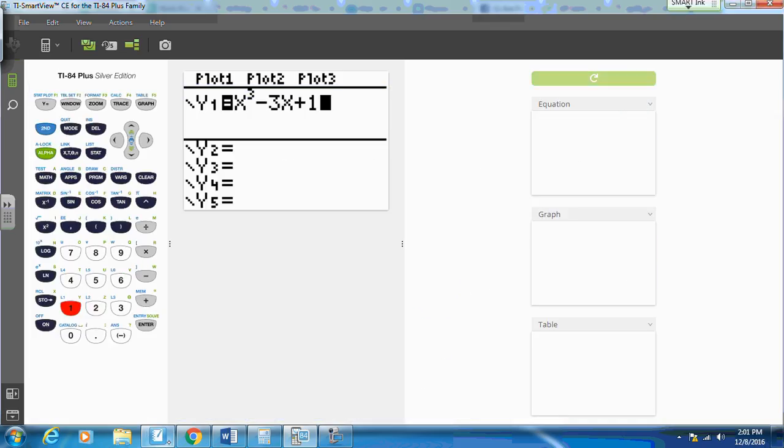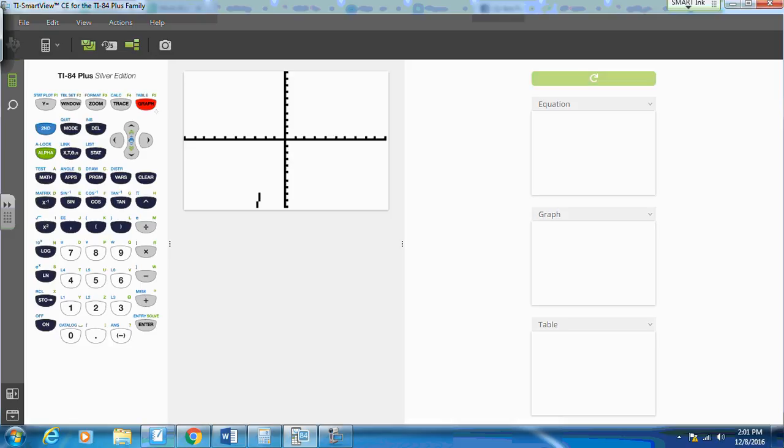Yep. Then graph it. Look at that. My graph is pretty good. It's not perfect. I didn't go down far enough on this minimum value right here.